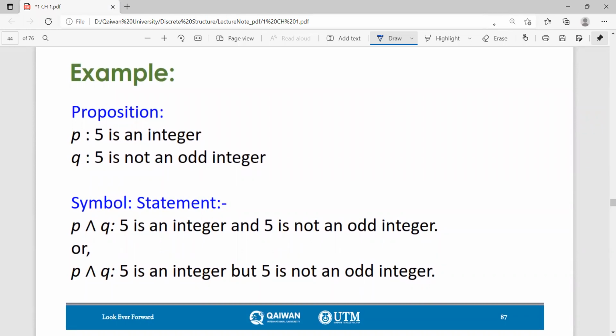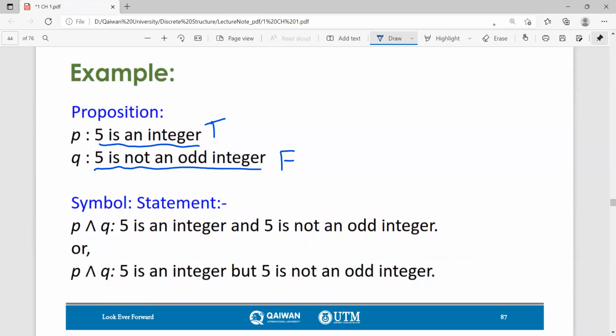Now I have two propositions. 5 is an integer. That's true. 5 is not an odd integer. It's false, because it's an odd integer actually. We have two statements. The first is true, the second is false.